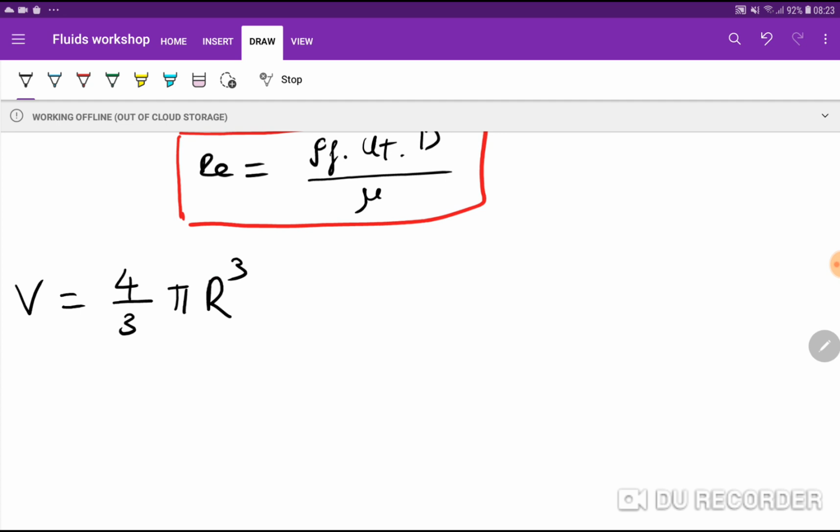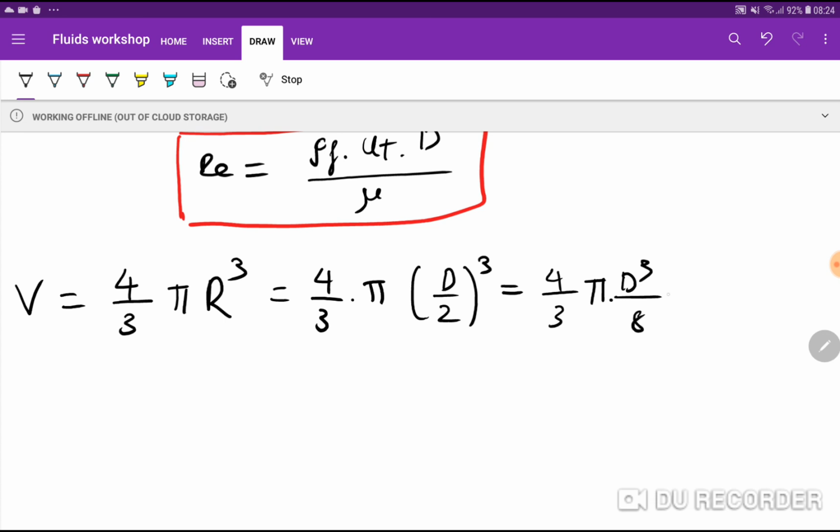Let's write this in terms of diameter. So it will be 4/3 times pi times the radius, which you replace by diameter over 2, cubed. So it will be 4/3 times pi times d cubed over 8, which, if you cancel this out, would be pi d cubed over 6. This is the formula that will be used for the volume.